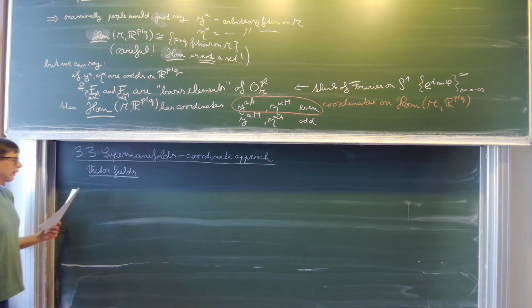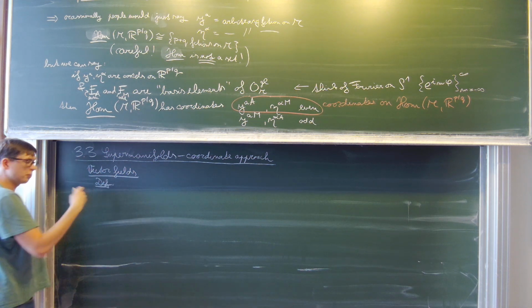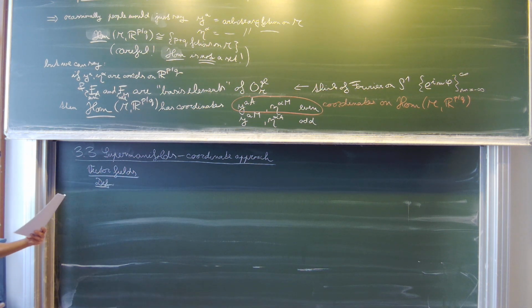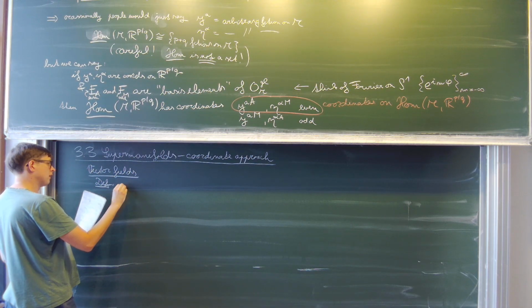Let me talk briefly about vector fields. So how to define vector fields? So far we know what manifolds are, what supermanifolds are, what maps of supermanifolds are. So what is a vector field?